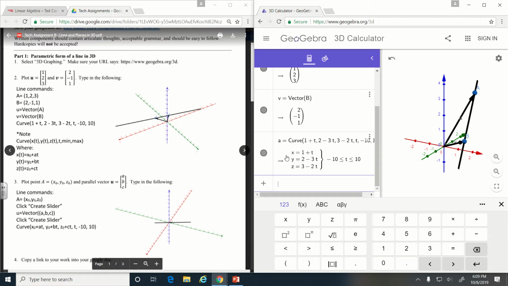All right, and you could see that it's in the parametric form. Not to sound too vocabulary-ish, because parametric equations is technically a Calc 3 topic, but we're in the portion of linear algebra where there's a significant amount of overlap between Calc 3 and linear algebra.